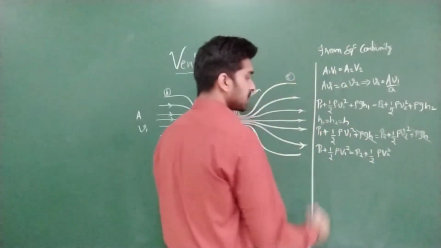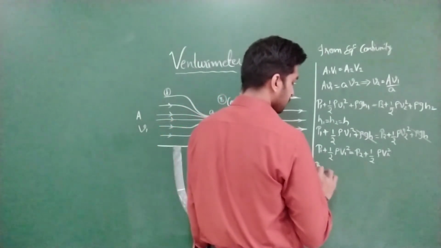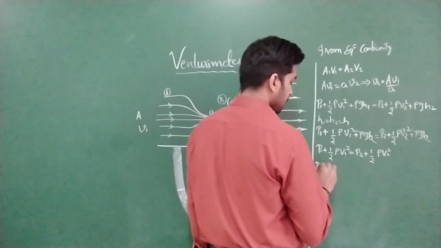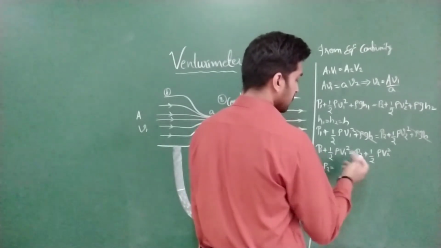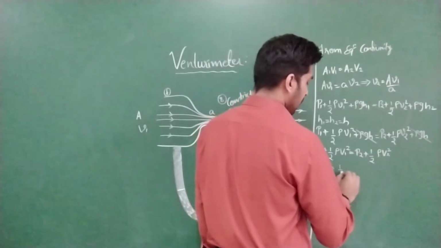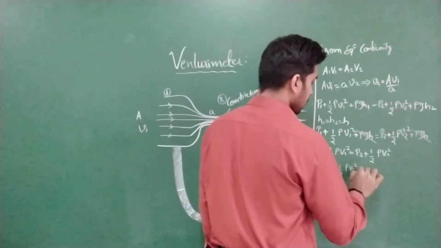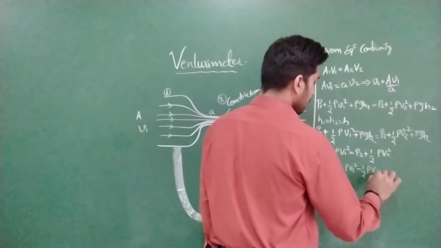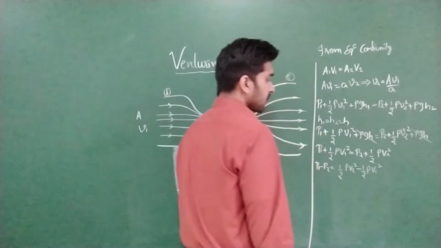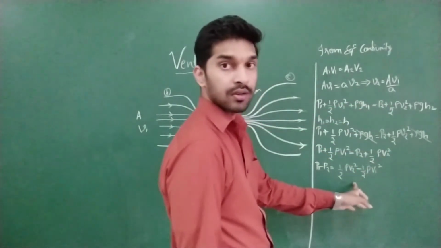So we are calculating the difference in pressure. First of all, basically P1 minus P2. If I want P1 minus P2, what can I write? P1 minus P2 is equal to half rho V2 square minus half rho V1 square. Now this V2 value we are going to substitute here.